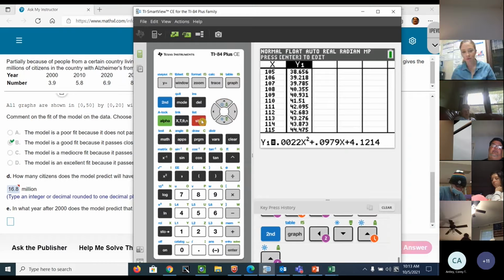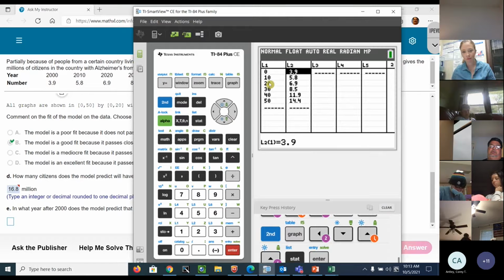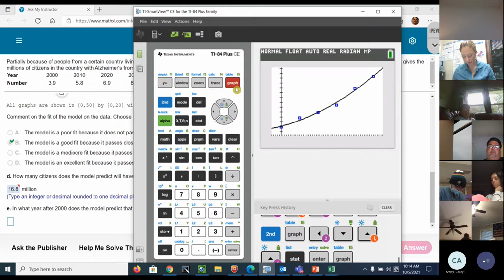Stat, edit, 0, 10, graph. They said, in what year after 2000 does the model predict 10.4?